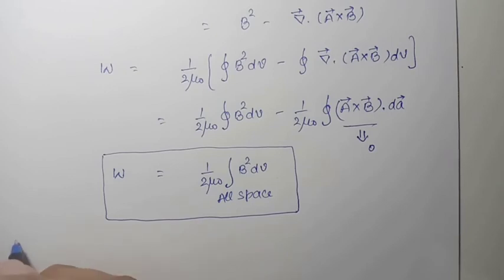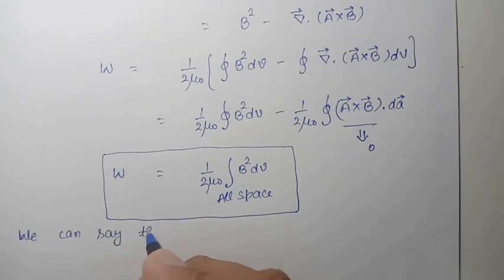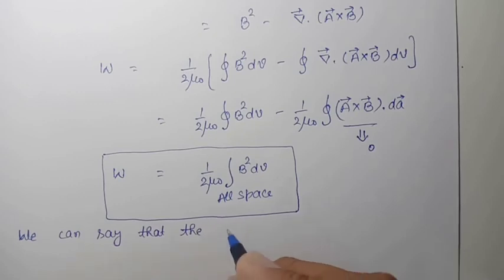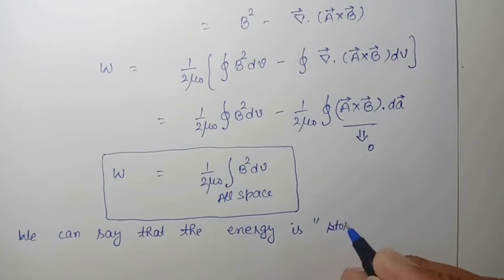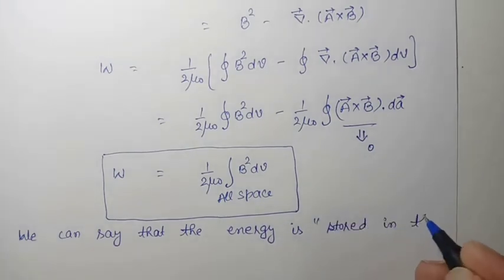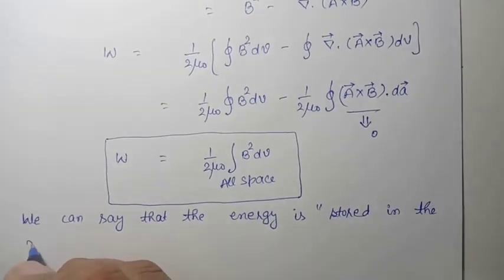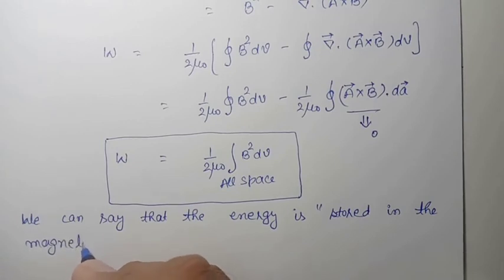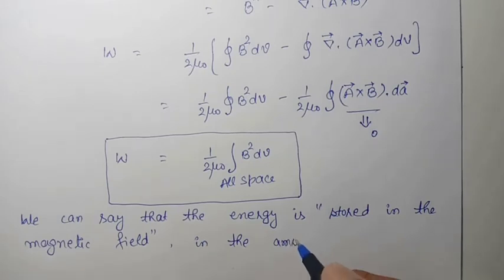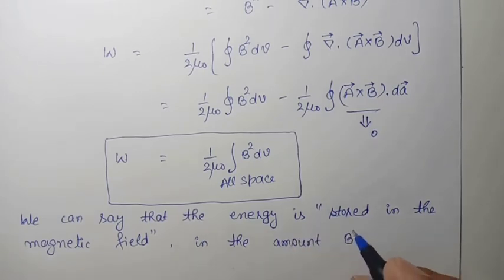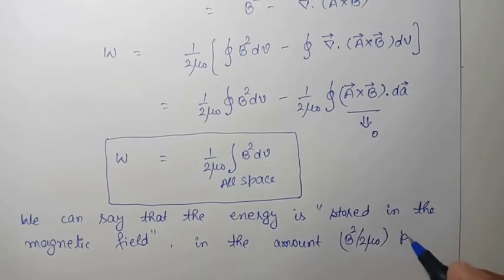Finally we can say that energy is stored in the magnetic field in the amount B squared over 2 mu naught per unit volume.